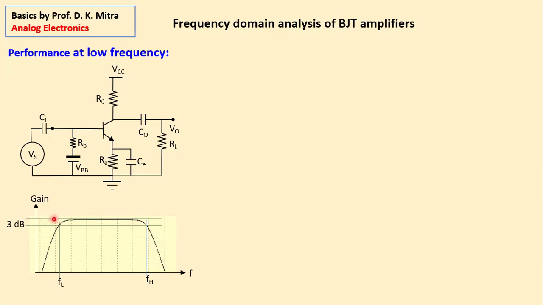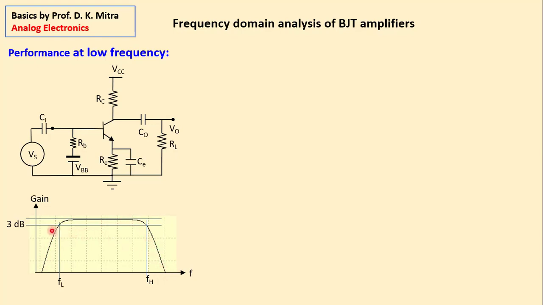We have seen that at a certain frequency range, which of course is a very long range, the gain of the amplifier is more or less flat, that means fixed. But at very low frequency, its gain starts dropping and it becomes zero. Gain becomes zero at DC, that means zero frequency. Also at higher end, it starts dropping and finally it becomes zero.